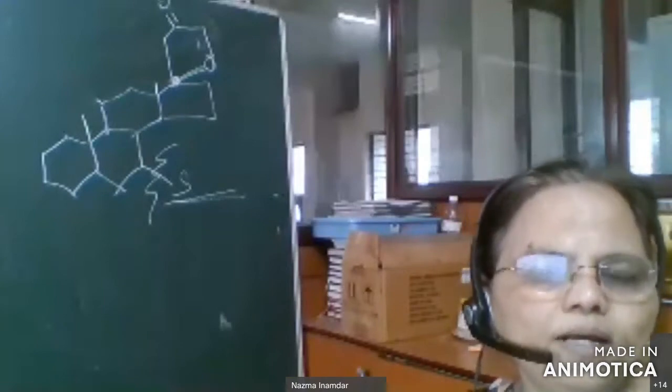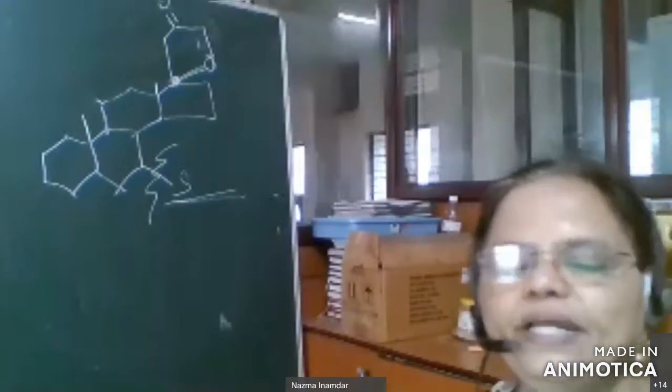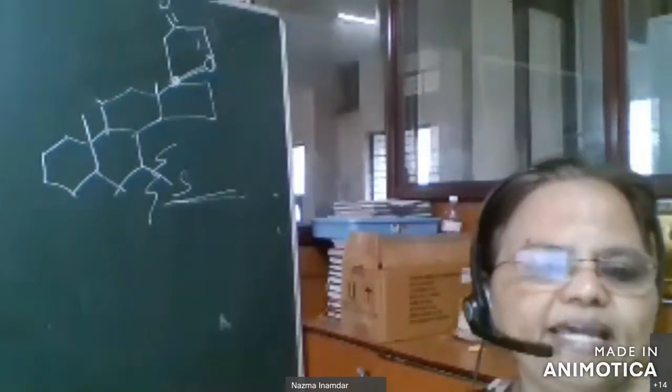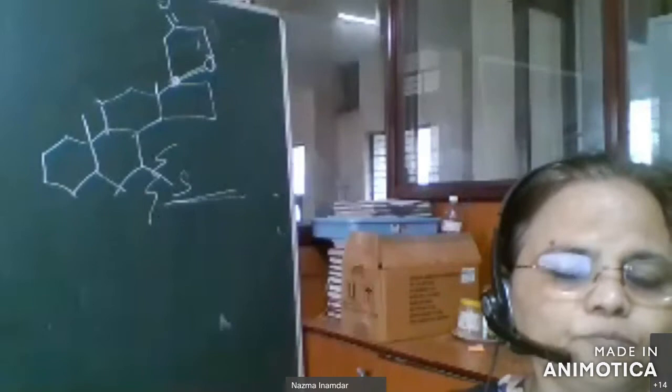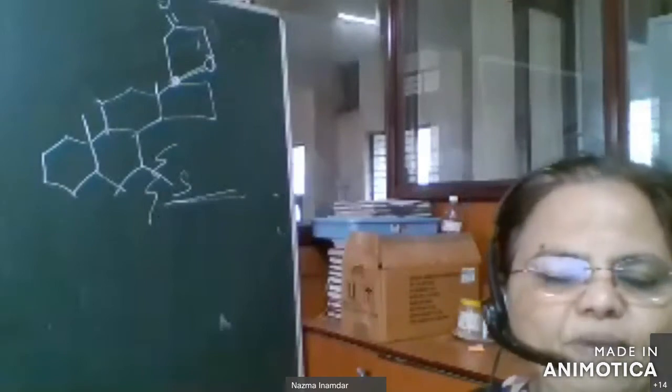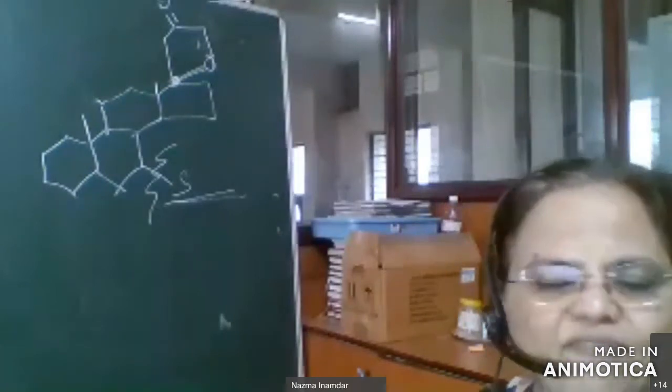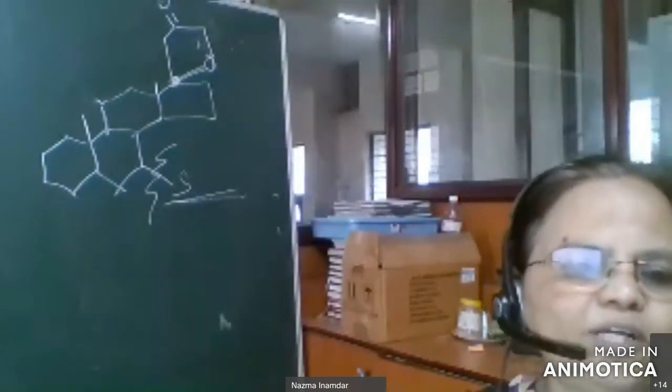Now what was remaining? Triamterene. Okay, I was asking you that day about triamterene. Triamterene is a pteridine derivative. If you remember, pteridine derivative is a two ring system, two rings fused, and there are 4 total nitrogens.